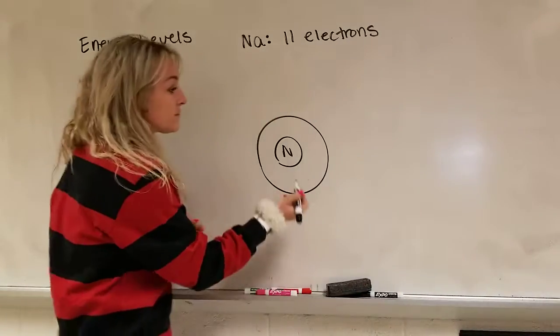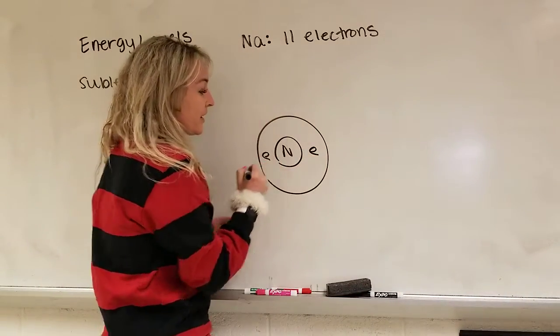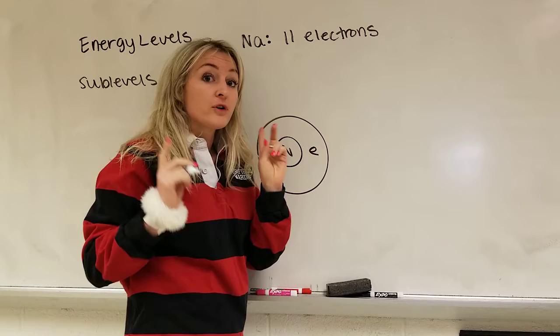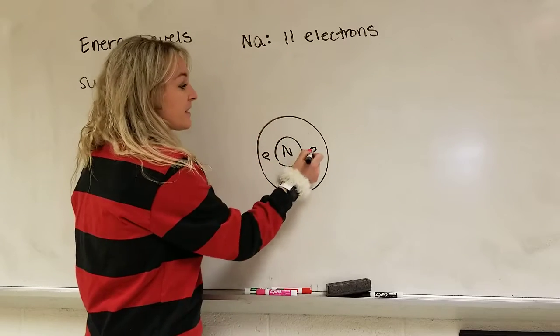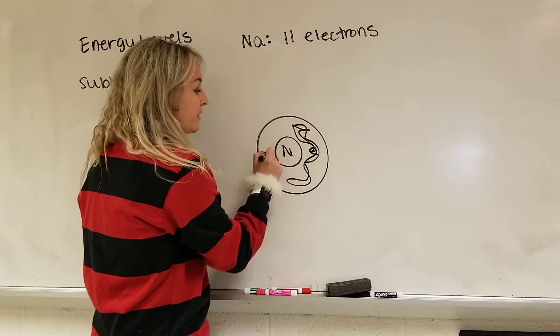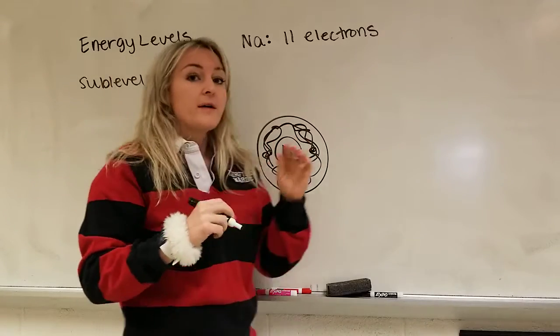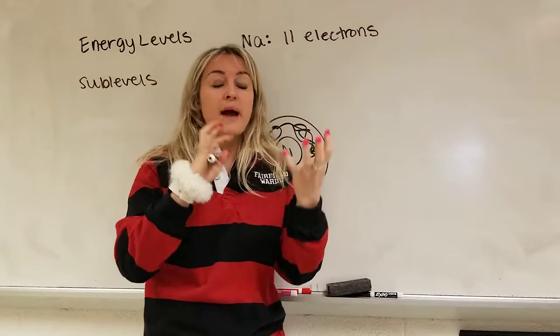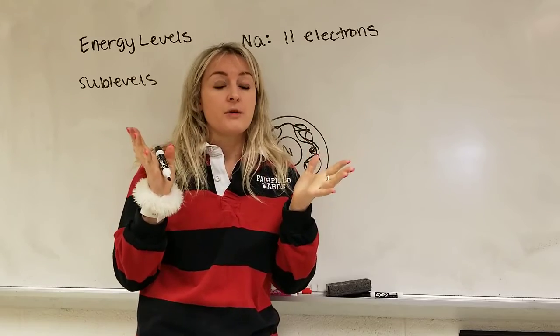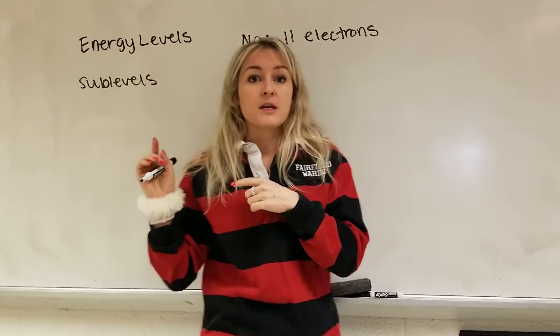So here, if we have 1 electron here and 1 electron here, again, 2 go in the first energy level. This electron can move all around here, all over here. This electron can move around here, okay? So it's almost like this 3-dimensional boundary around the nucleus where electrons move. That's what an energy level is.